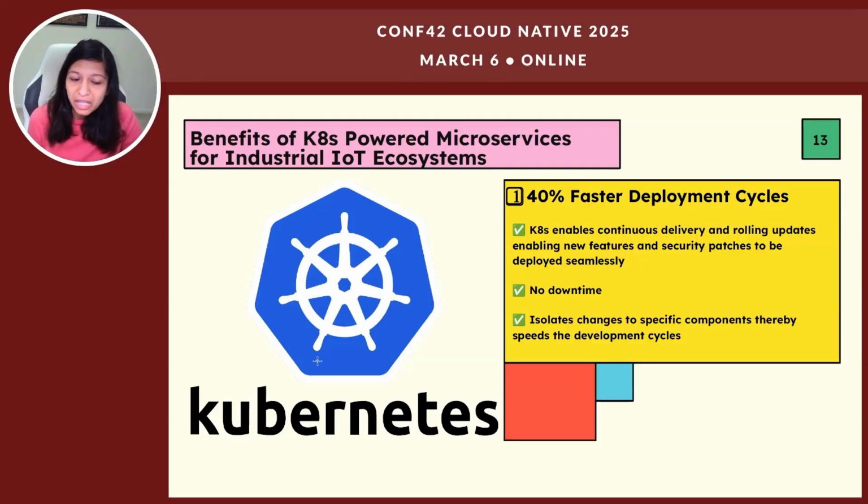Also, if there are any security patches that need to be applied, it can be done very seamlessly. You will also have no downtime, which makes faster deployments very easy. And if you want to deploy only one component without affecting the others, it is a pretty good solution, making it overall 40% faster than the monolithic architecture.